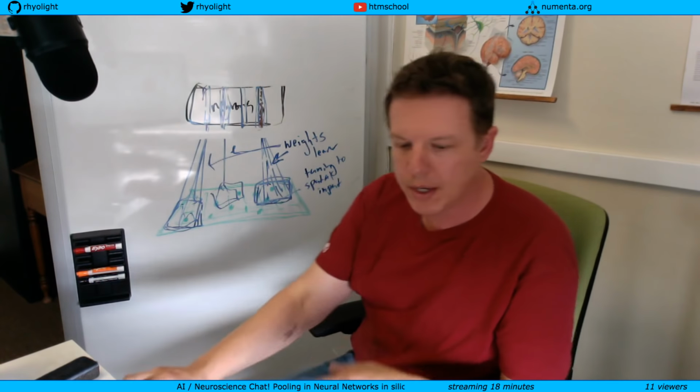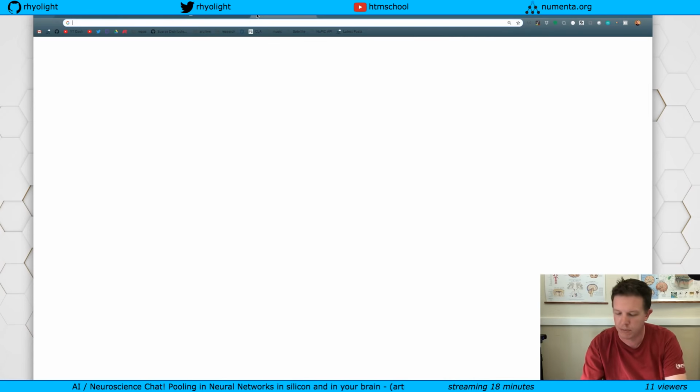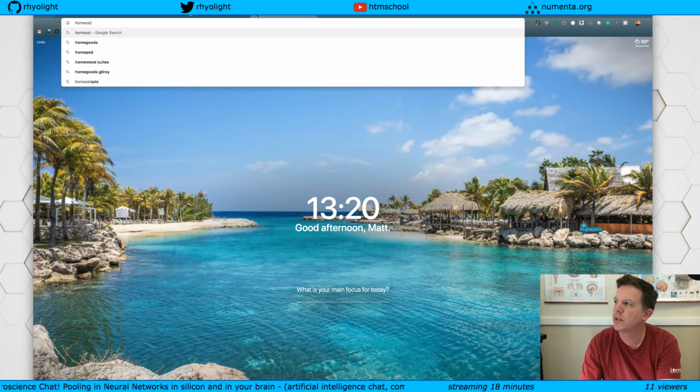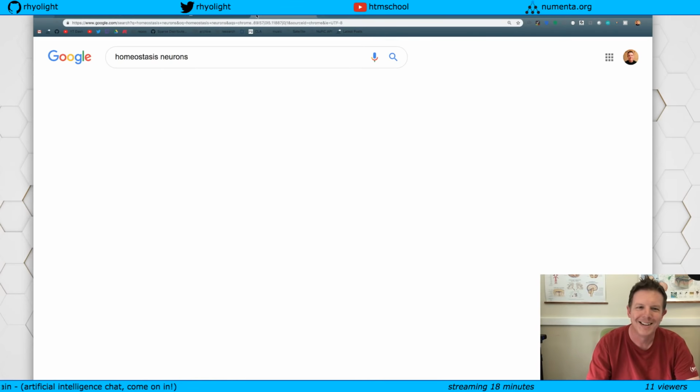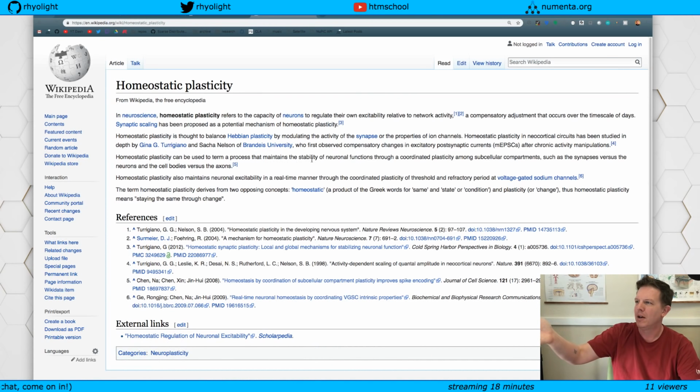So the way the brain seems to fix this problem is called homeostatic plasticity. Basically, it's homeostasis in neurons. I think this is it: the capacity of neurons to regulate their own excitability relative to network activity.